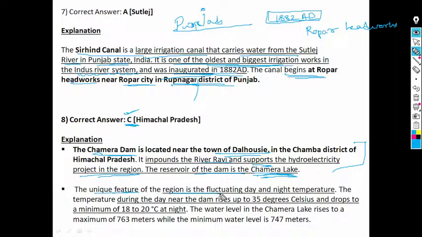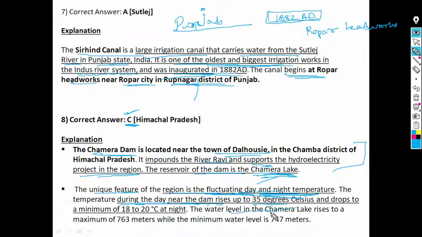The unique feature of the region is the fluctuating day and night temperature. During the day near the dam the temperature rises up to 35 degrees Celsius and drops to a minimum of 18 to 20 degrees Celsius at night.